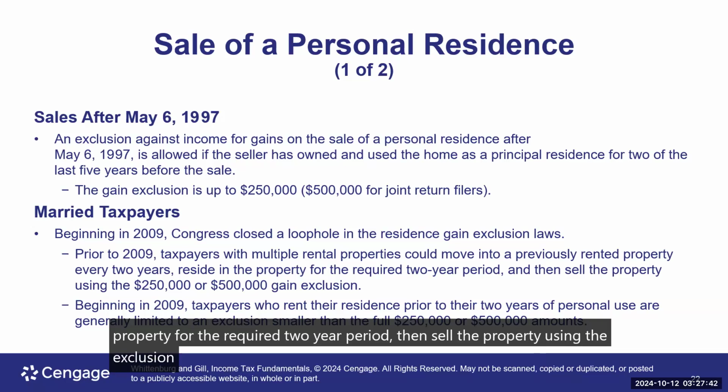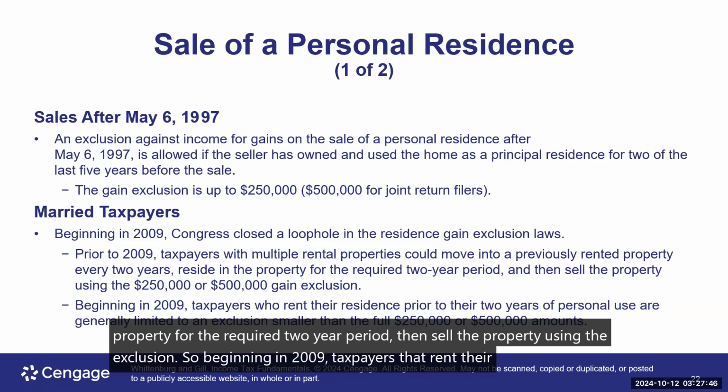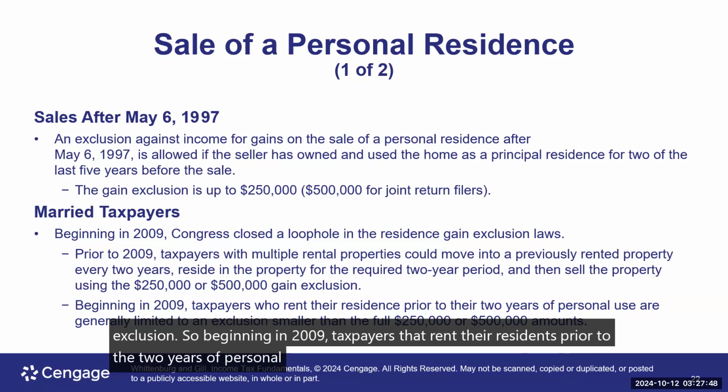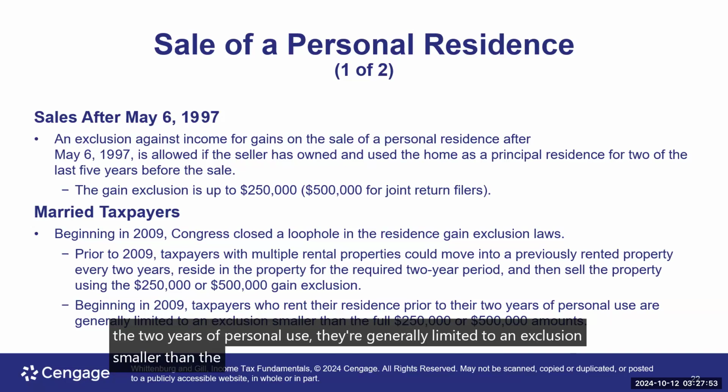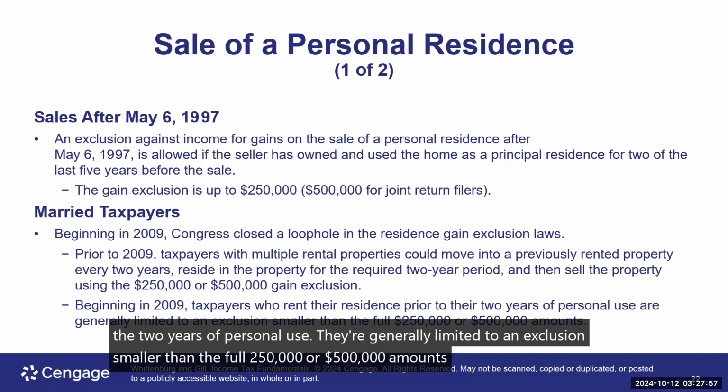Beginning in 2009, taxpayers that rent their residence prior to the 2 years of personal use are generally limited to an exclusion smaller than the full $250,000 or $500,000 amounts. So they can't, unfortunately, take the full amount.